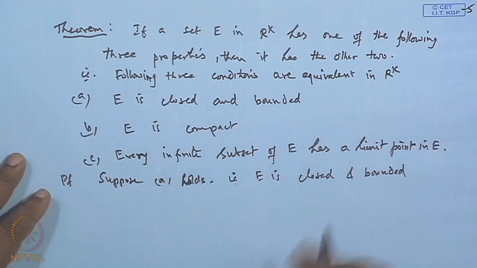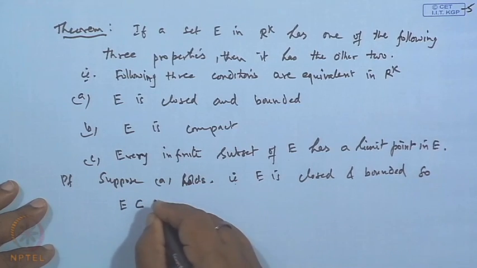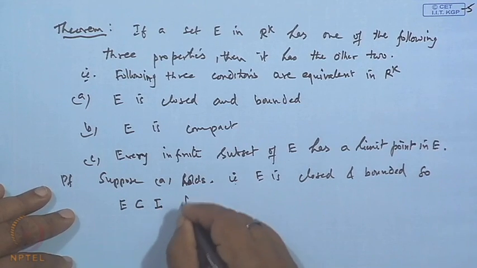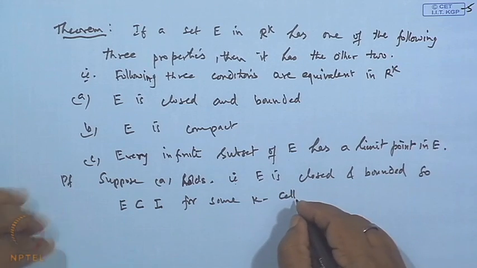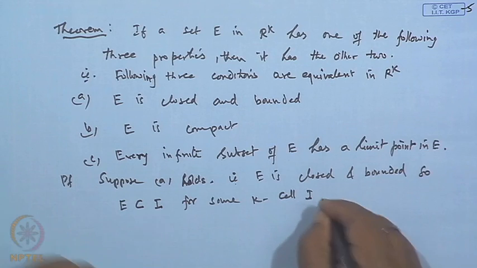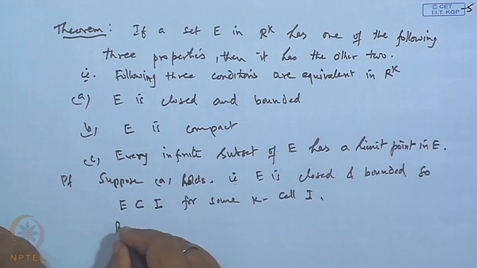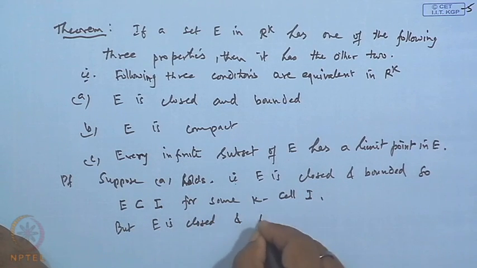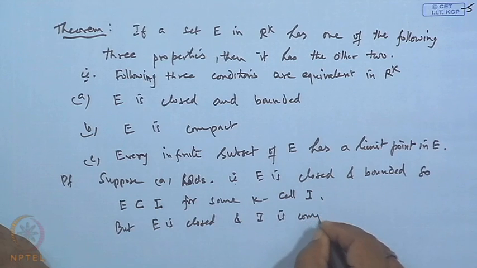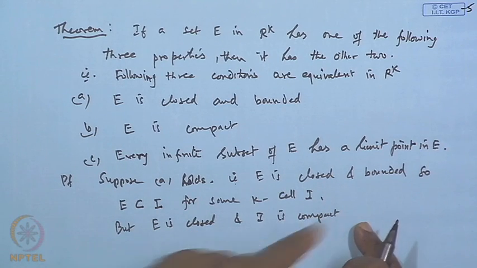So, E is contained in I for some k-cell I. But what is E? E is closed, and I is compact, which we have already shown.